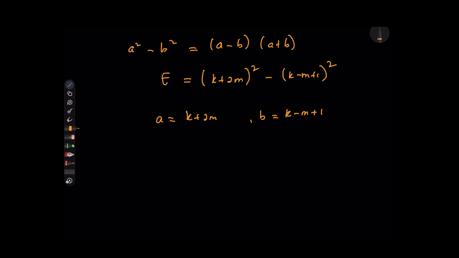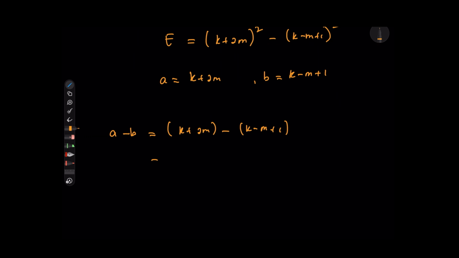and I could have said that a minus b would be equal to k plus 2m minus (k minus m plus 1). That would give me k minus k plus 2m. So I could subtract it immediately, actually. Let me write it out. k minus k plus 2m plus m minus 1.